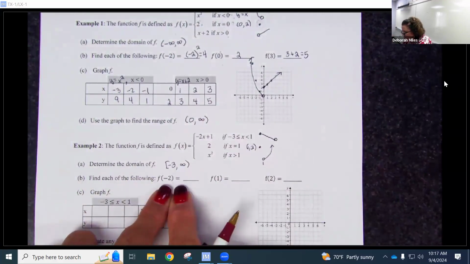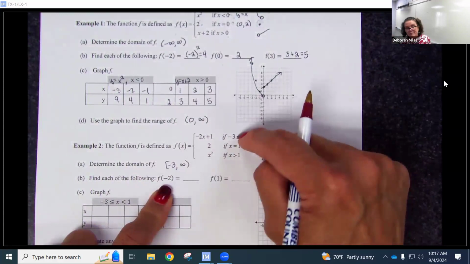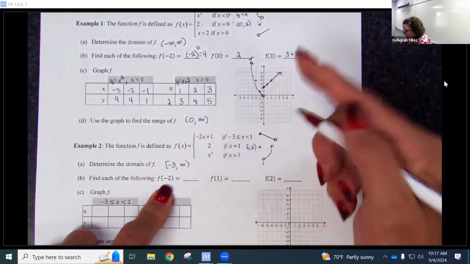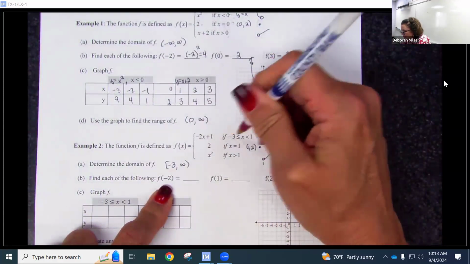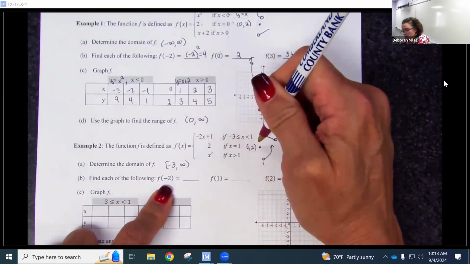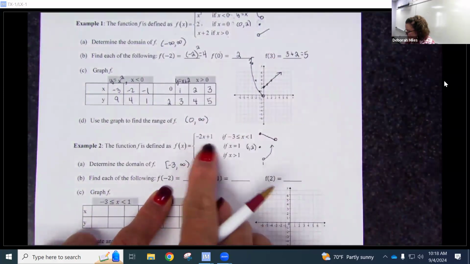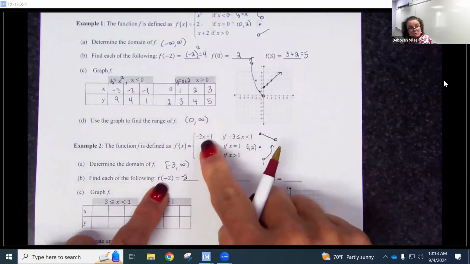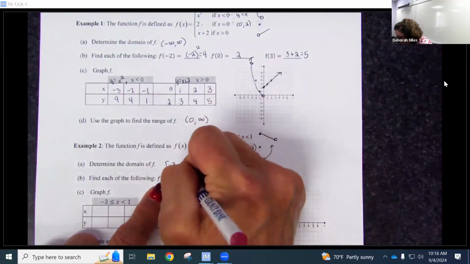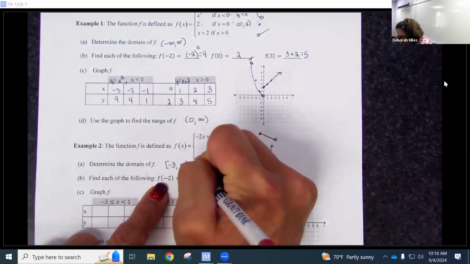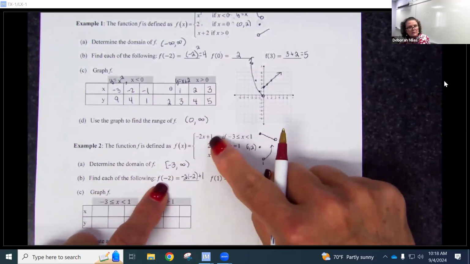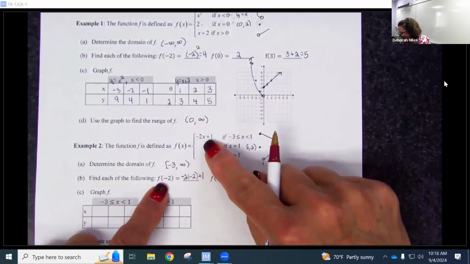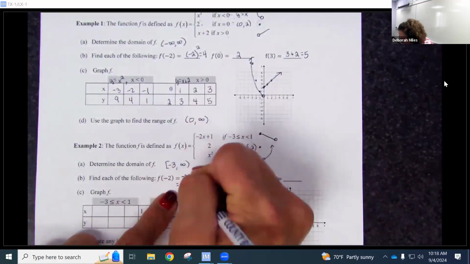F of negative 2, well, which part of the graph does that fall into? Negative 2 is between negative 3 and 1. So I'm going to use this part of the function. Negative 2 times the value of x, which is also negative 2, plus 1. I just put negative 2 into that expression, and I got negative 3.